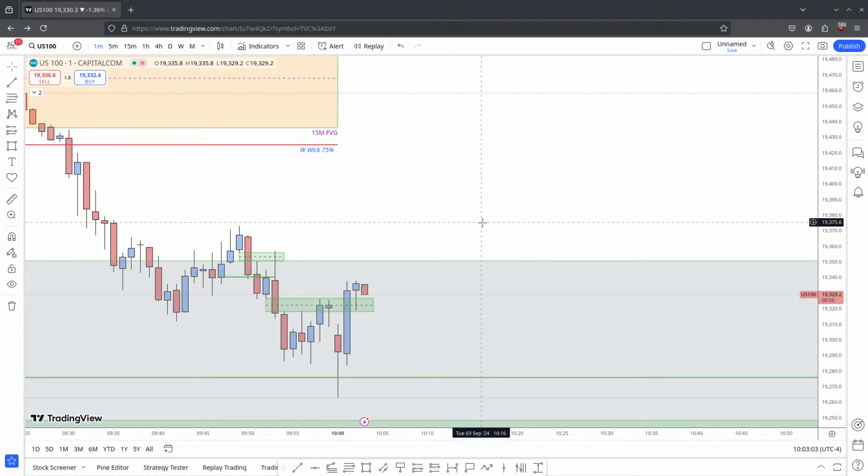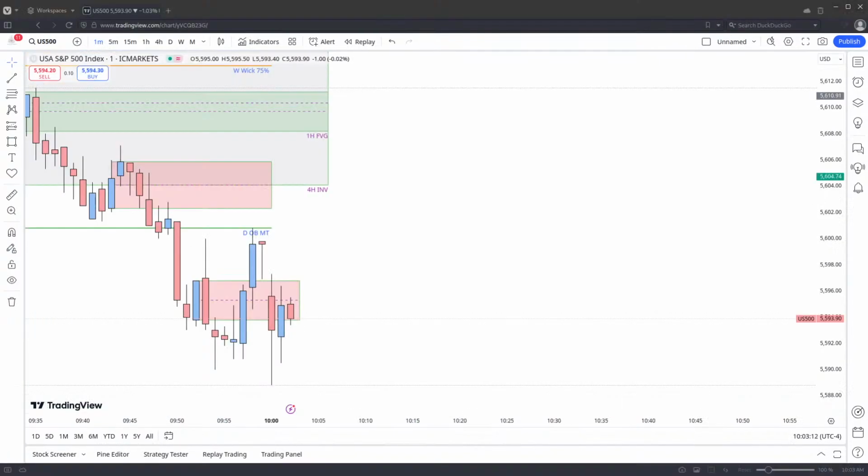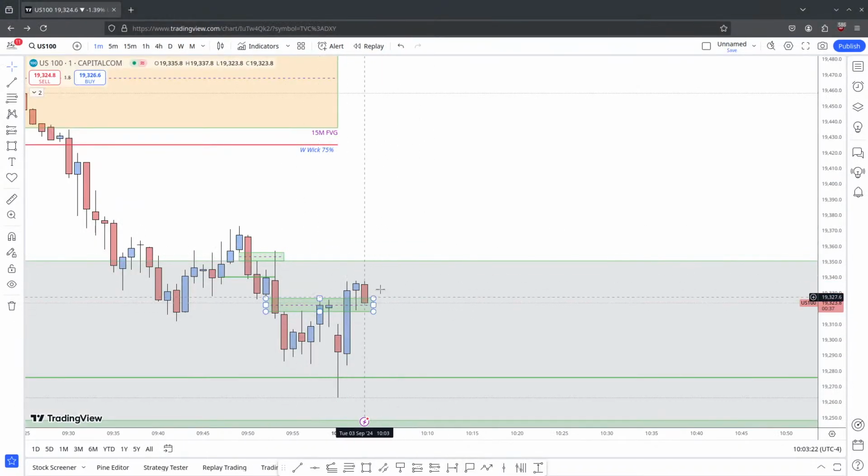So that keeps me out of the trade anyways, even if it's a confirmed setup. I don't like the fact that NQ is showing signs of bullishness and ES is still showing signs that it wants to continue trading lower. So I just don't feel confident with this.